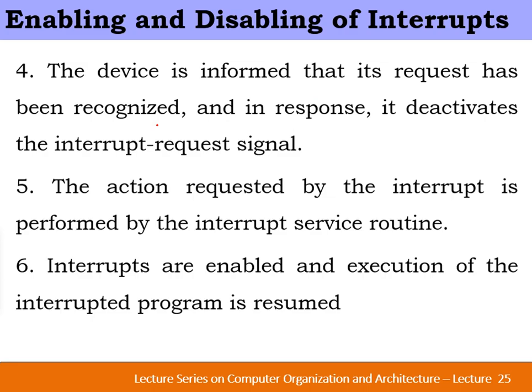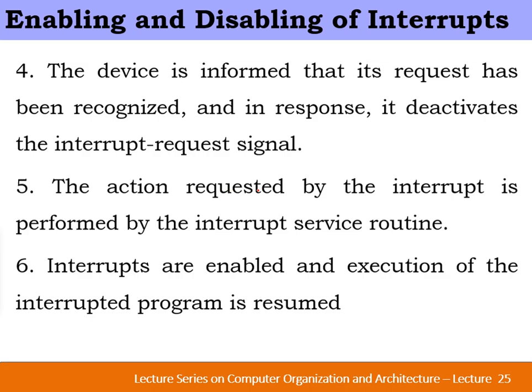Once this is done, the particular IO device is informed that its request has been recognized. The processor gives an intimation that its interrupt request has been recognized and that it will be serviced, and in response the device deactivates the interrupt request signal.